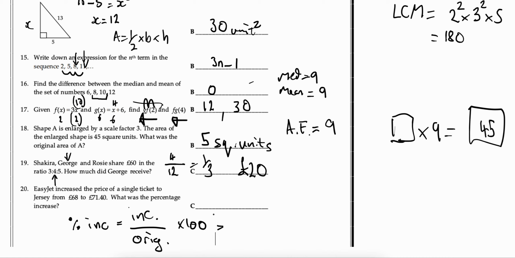So the increase is 71.4 minus 68 over the original, which is 68, and then times by 100. So pop to your calculator, and we do 71.4 minus 68, then press equals, and then divide by 68, and times 100, and you should get exactly a 5% increase.